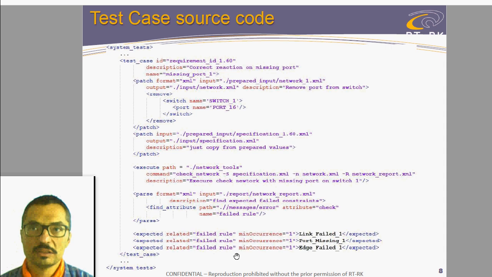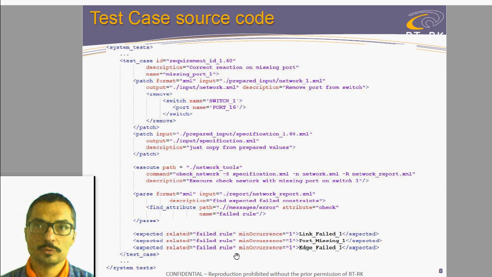So this is how the requirement looks, and the test case will change the input files in order to have one port missing, and then run the check, and after that check if the report contains the errors that need to be there.